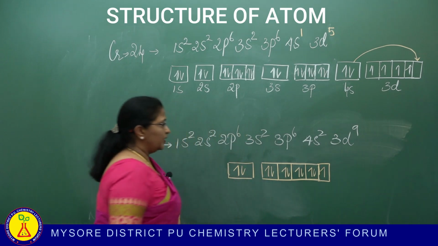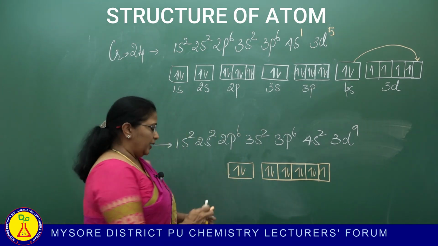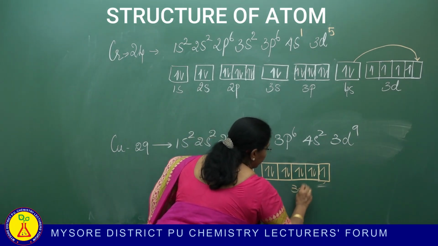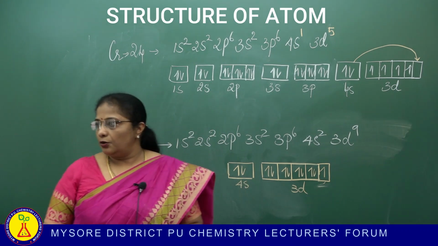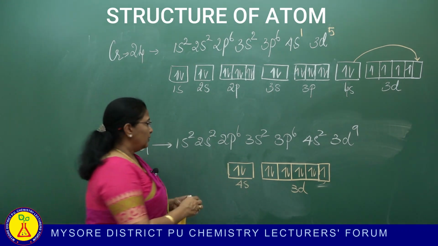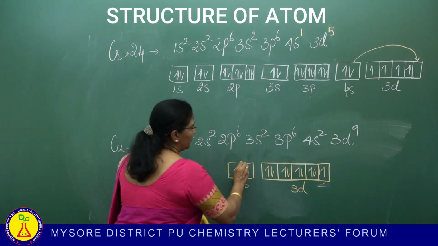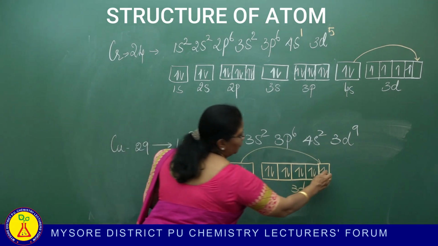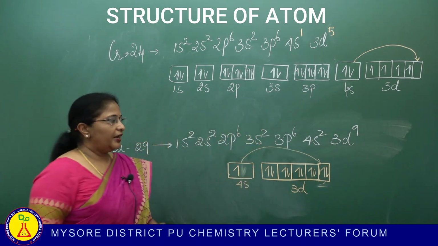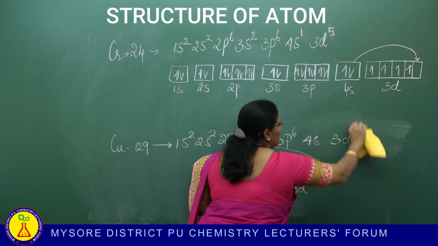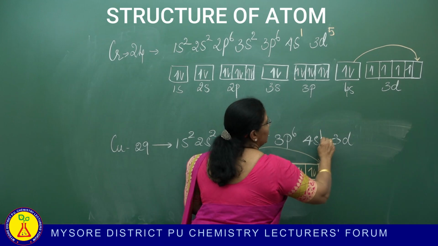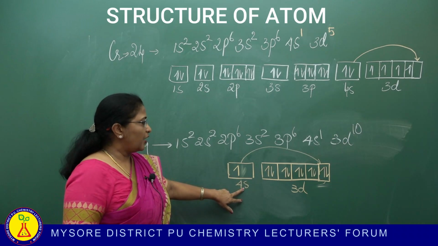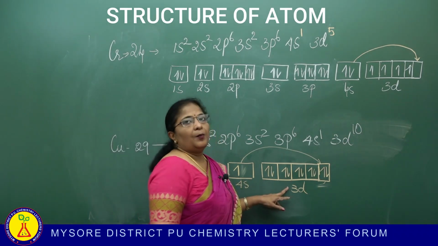So what happens here? Now in this case, if one electron from the 4s can jump over to the 3d level, then the electronic configuration will become 4s1 and 3d10. When that becomes 4s1 and 3d10, you will see that 4s is half filled while 3d is completely filled.